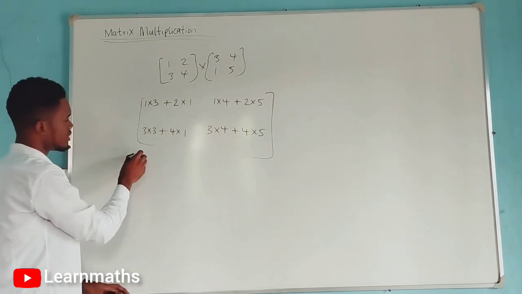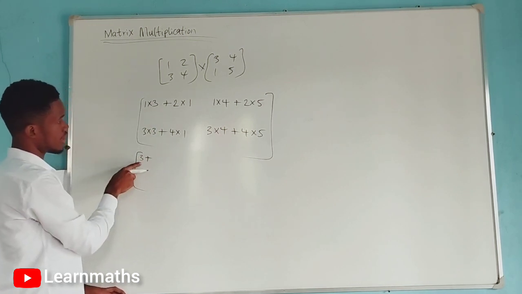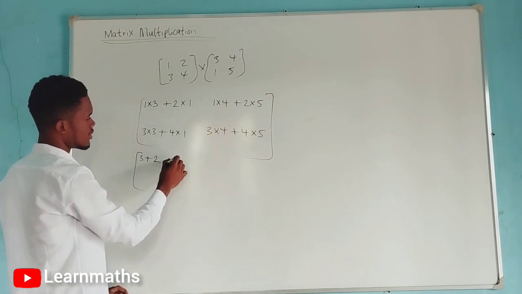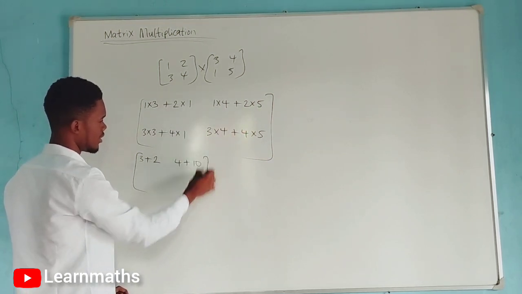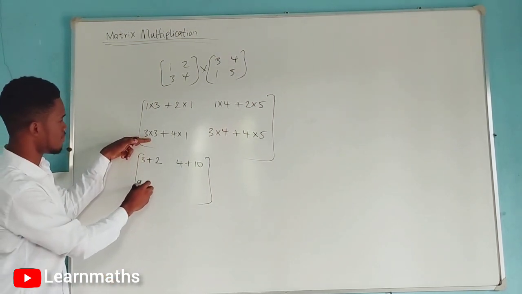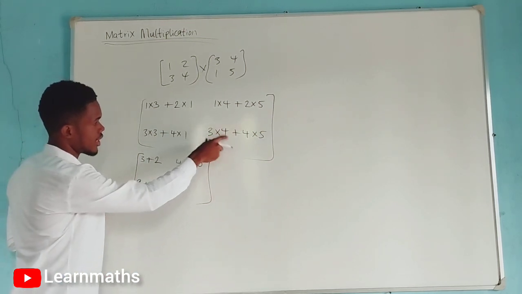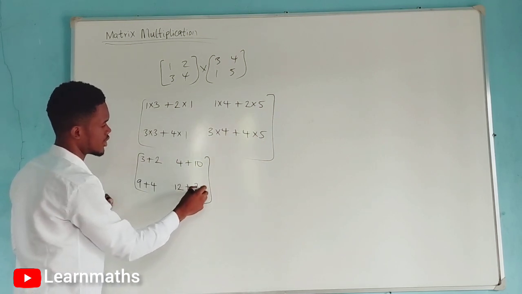So the resulting matrix is going to be, okay, 3 times 1, that's 3, plus 2 times 1, that's 2. Then 4 times 1, that's 4, plus 5 times 2, that's 10. So now let's look at this: 3 times 3, 9, plus 4 times 1, 4. 3 times 4, that's 12, plus 4 times 5, that's 20.